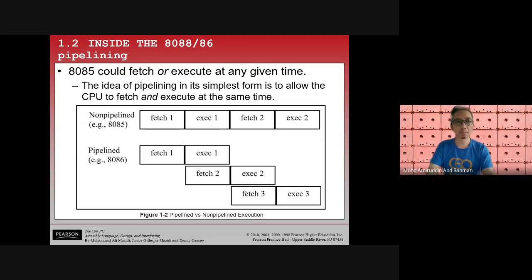But using the pipelining technology, the fetch and execute start first, and before the execution is finished, another fetch can be done. So that's the meaning of the pipeline technology.